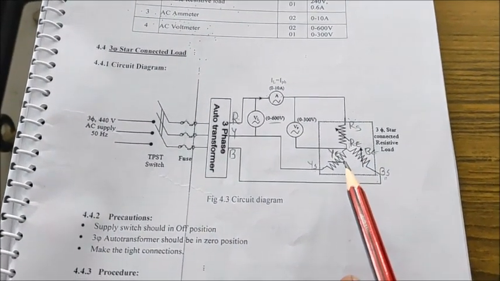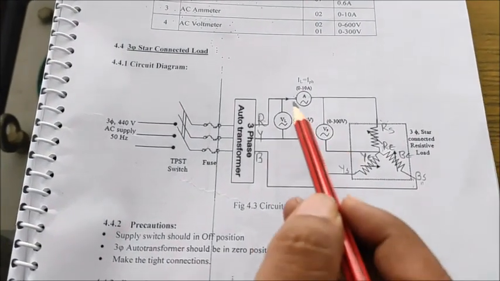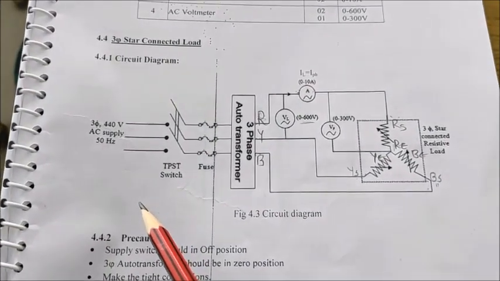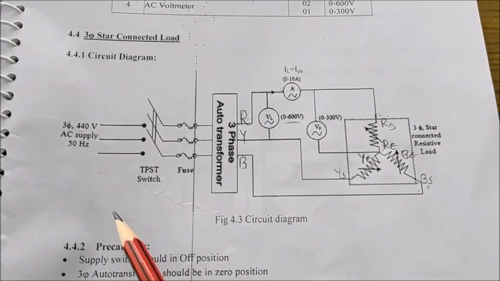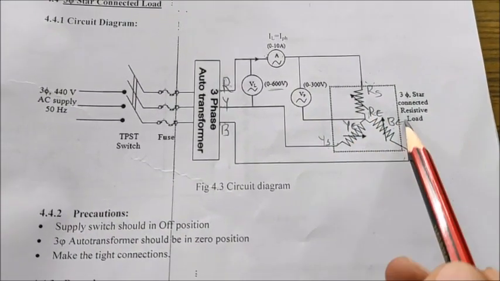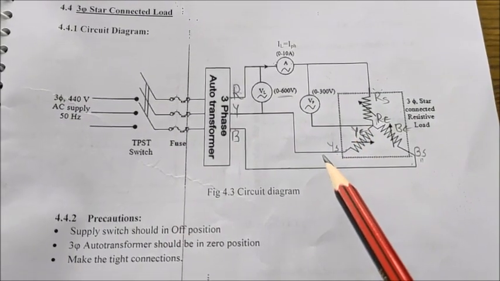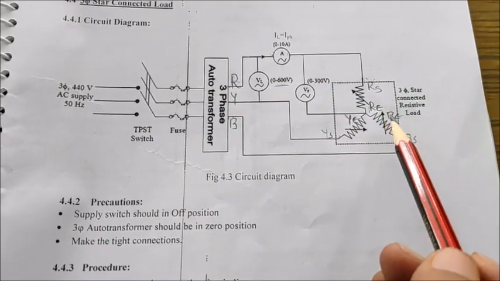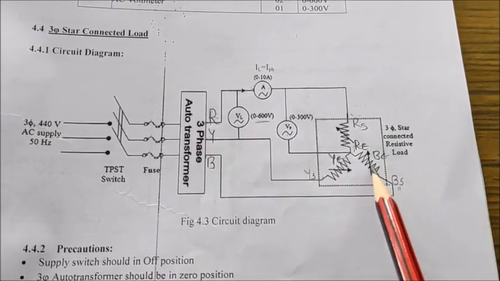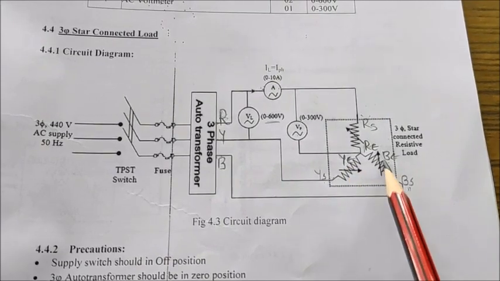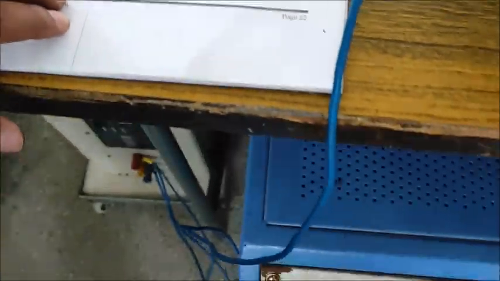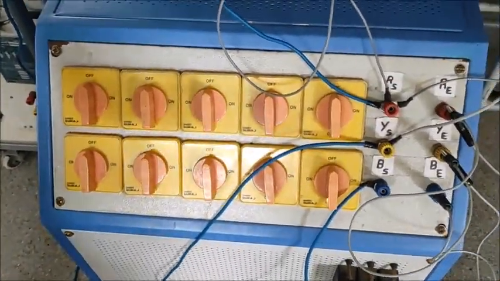Now, next we have to connect our voltmeters. Before we connect our voltmeters, as already explained, in the case of star connection, RE, YE, BE, we have to short them. Before connecting the voltmeter, you have to ensure that RE, YE and BE are connected. Please see here how we have done this RE, YE, BE connection.